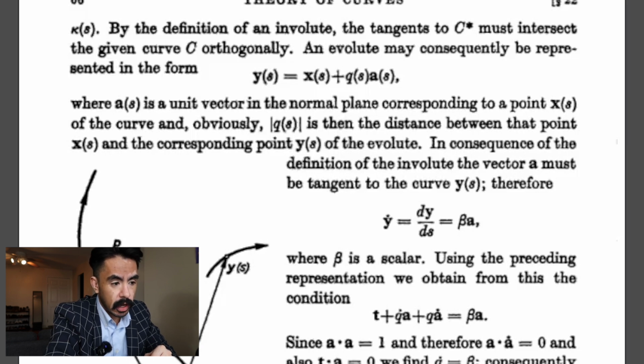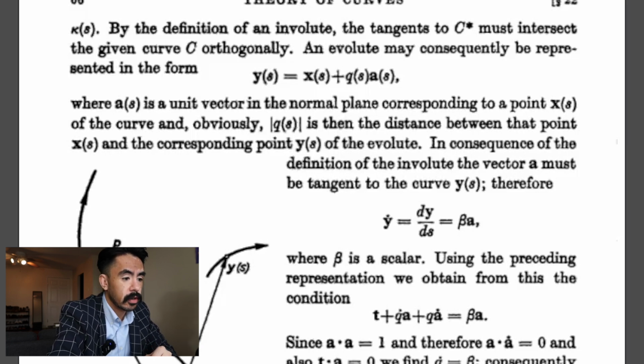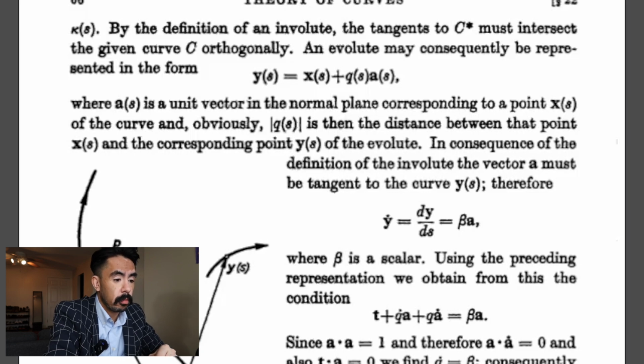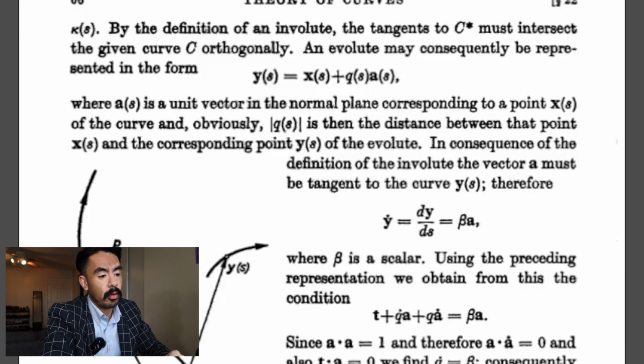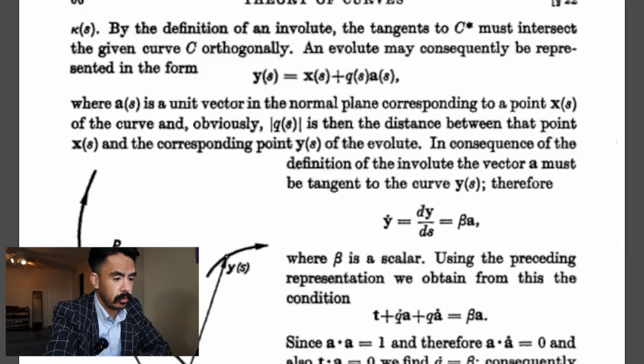where vector a(s) is a unit vector in the normal plane corresponding to a point x(s) of the curve, and obviously the magnitude of q(s) is then the distance between that point x(s) and the corresponding point y(s) of the evolute.